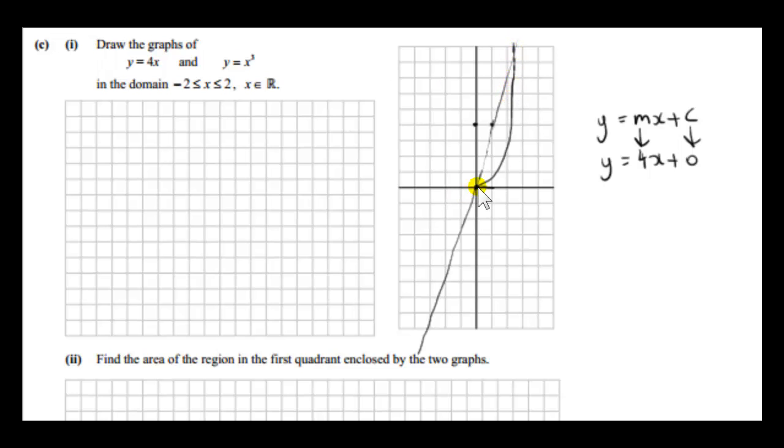And what about here? Well, if you graph the thing on the other side, you'll actually get the same shape as on the right hand side. Let's see why that's so. Let's say 1. Okay, 1 cubed is 1. What about minus 1? Well, if you work out minus 1 cubed, you get minus 1.